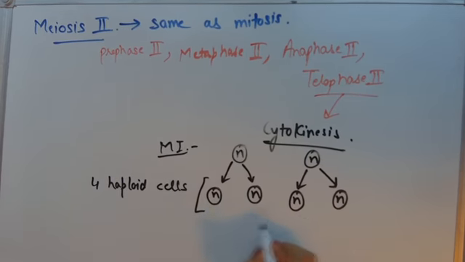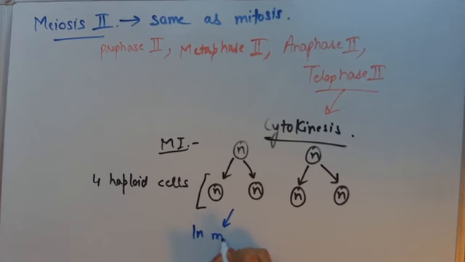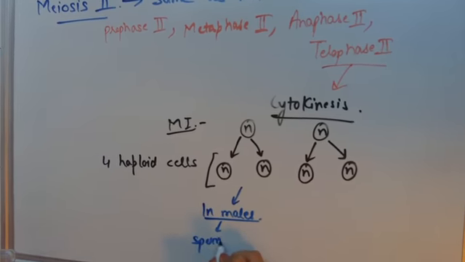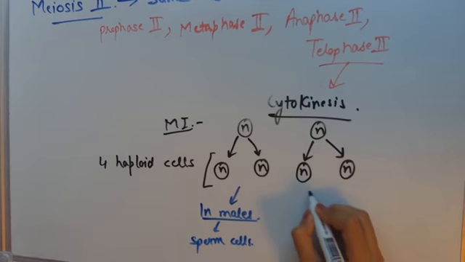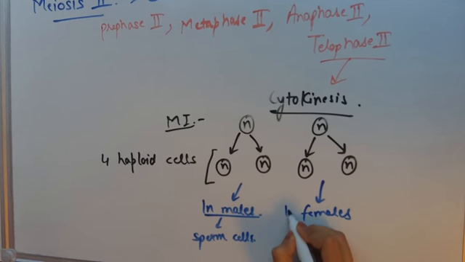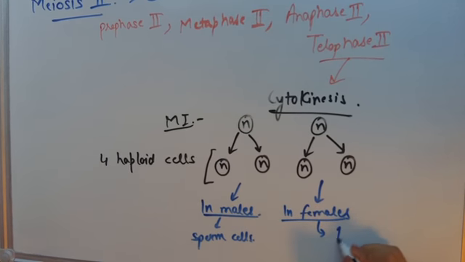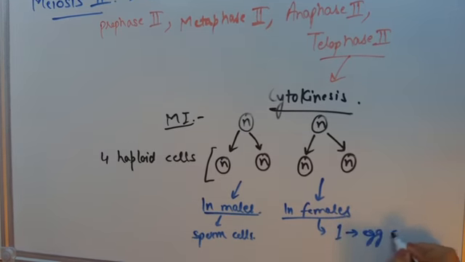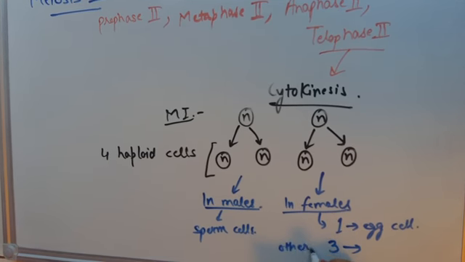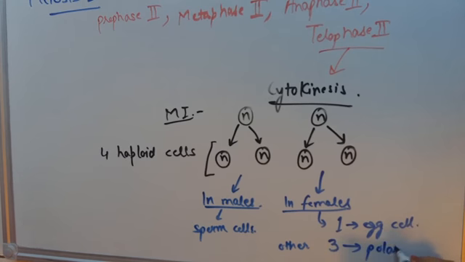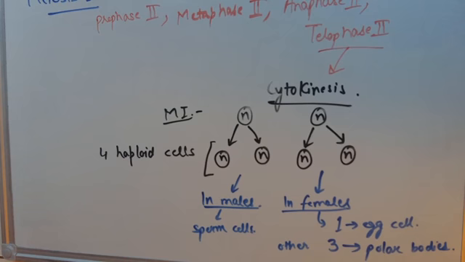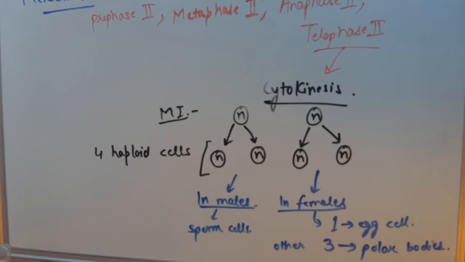These 4 cells, in males, form sperm cells, and in females, one forms the egg cell and the other 3 form the polar bodies. This is all about meiosis.